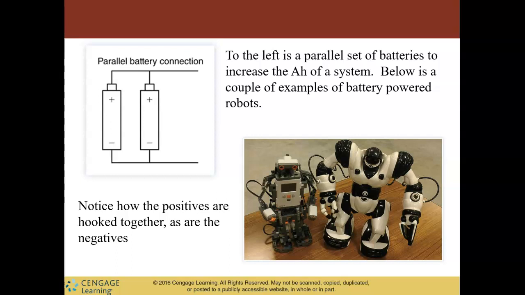They are wired together in parallel. So the path splits, goes through the two individual batteries, comes back together. This increases the amp hours of a system. So it can extend the life of the batteries, allowing them to last longer, assuming the amperage is constant.